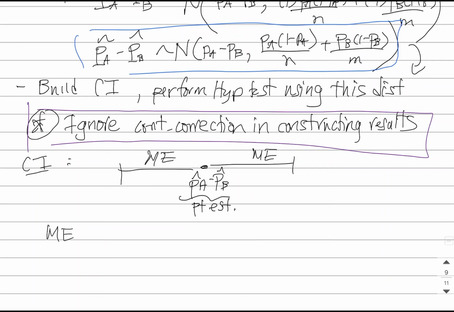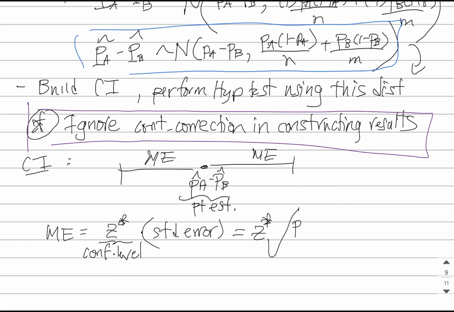It is going to be some critical value related to the confidence level multiplied by what we call the standard error. The standard error is just the square root of the sample variance. So this is going to end up being the square root of PA hat (1 minus PA hat) over n plus PB hat (1 minus PB hat) over m.